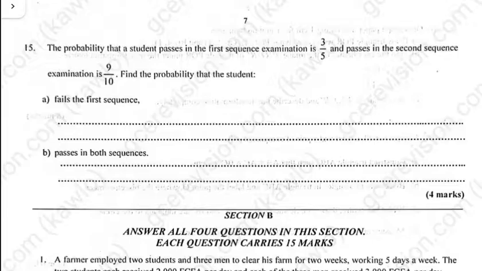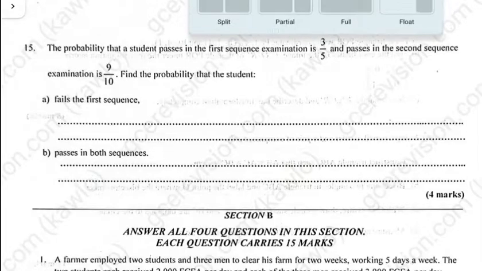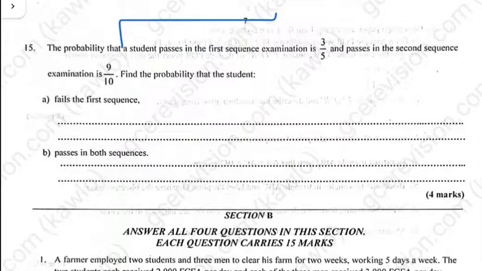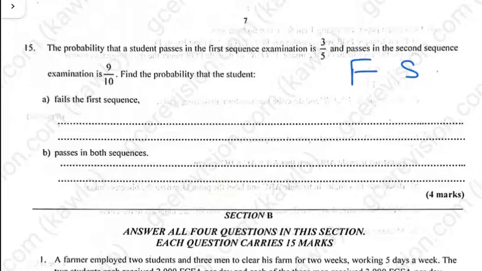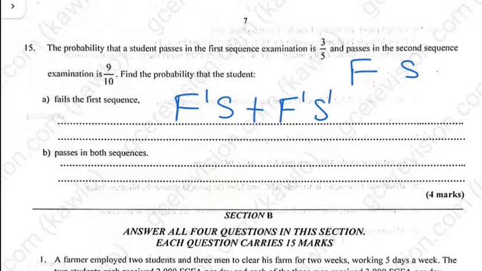So the probability that the student fails the first sequence will be, let me use F for first sequence and S for second. So the probability that the student fails the first sequence will be this: fails the first sequence and passes the second sequence, or fails the first sequence and also fails the second sequence, right?